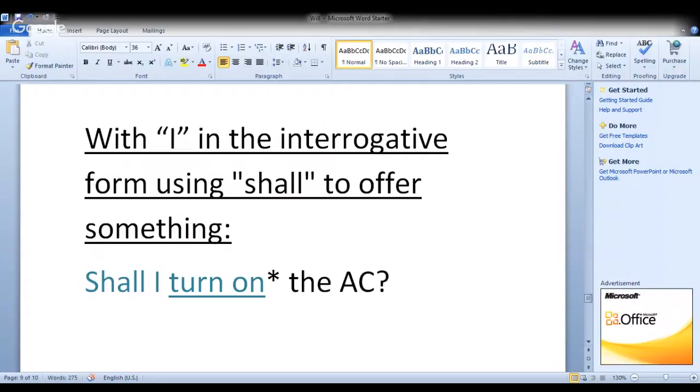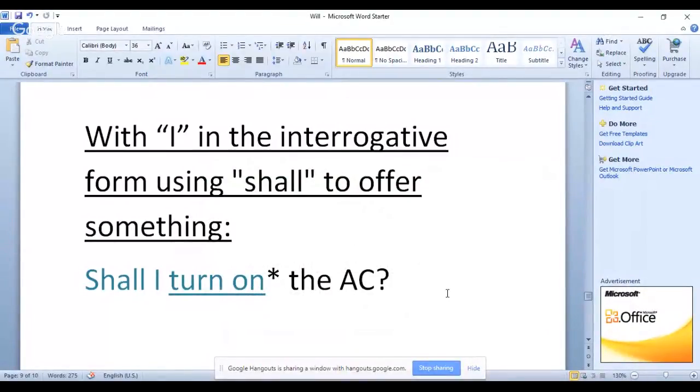AC/DC. Okay, well, that's not what I'm looking for. Look at the question. Look for other hints, other clues. Shall I turn on? Sounds like equipment. Correct. It's some kind of machine or device.